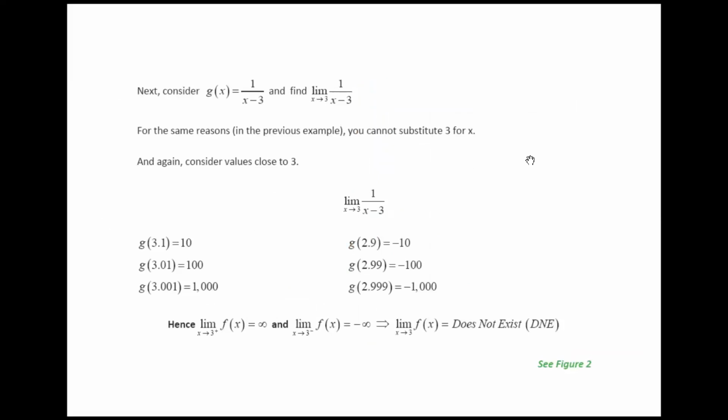Let's take another function. G of x is equal to 1 over x minus 3, and find the limit as x approaches 3 here. And again, for the same reason, you cannot substitute in 3, so we'll try a number to the right of 3, which is 3.1. And when we put 3.1 in, we get 3.1 minus 3 is 0.1 or 1/10, and 1 divided by 1/10, you invert and multiply, gives you 10. 3.01 is going to give you 100. 3.001 will give you 1,000.